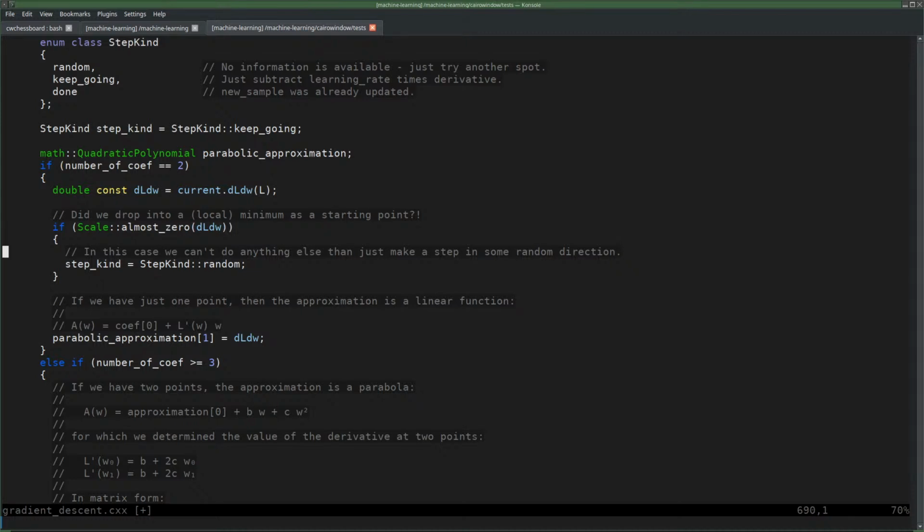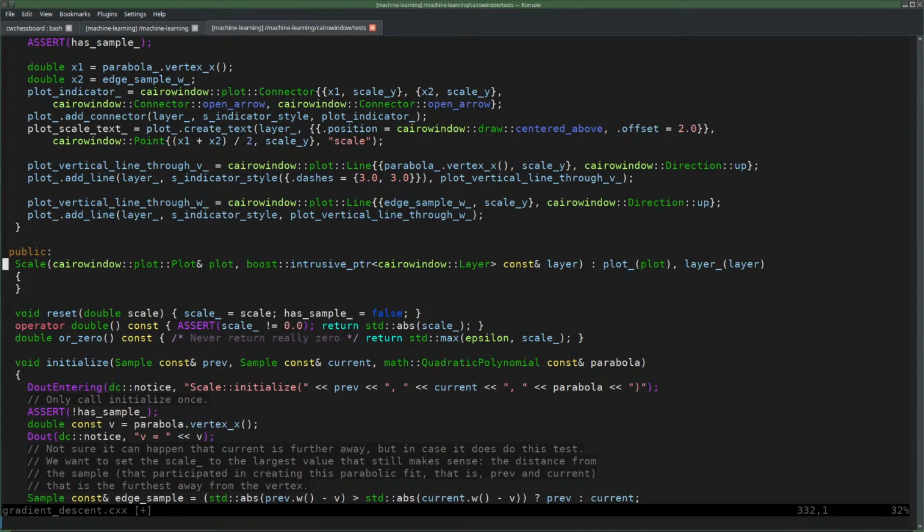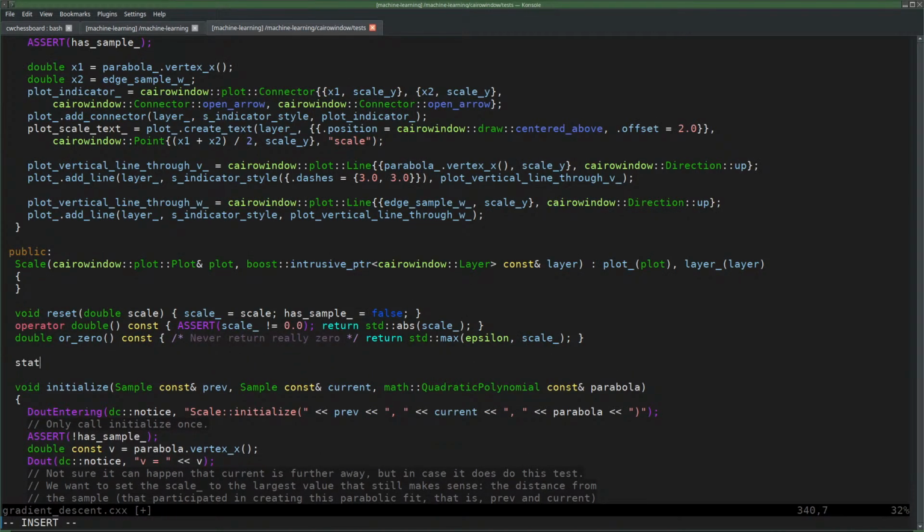Okay, it reads better. So I have to write "almost 0" now for some double value. Scale, some static Boolean, almost 0, double.